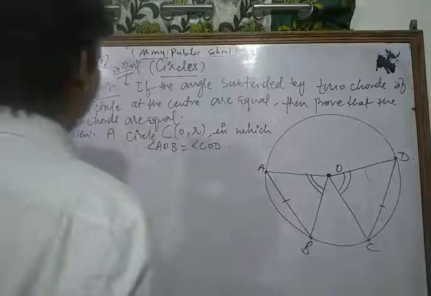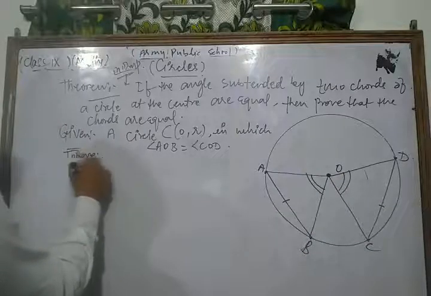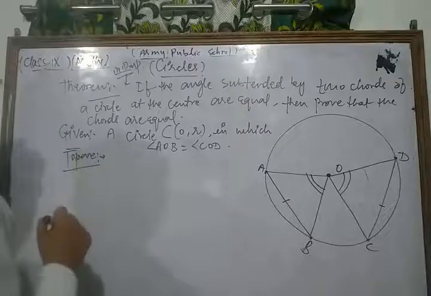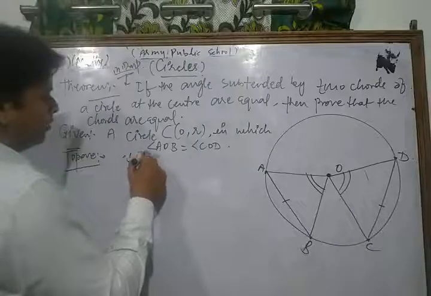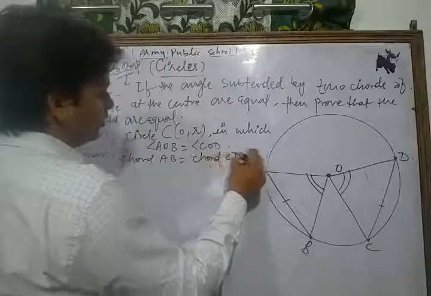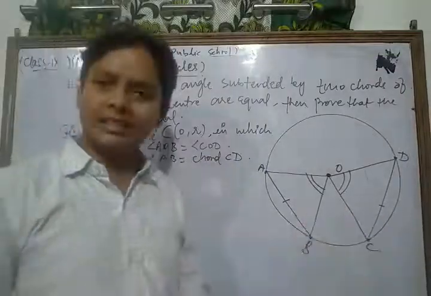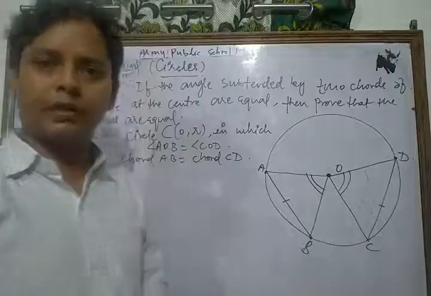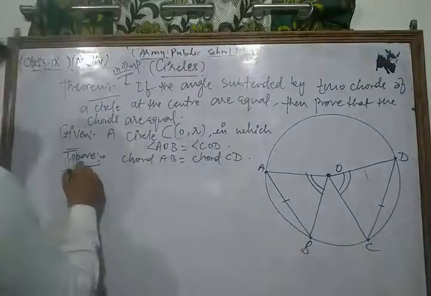Now to prove, we have to show that chord AB is equal to chord CD. Now we have to do some construction.